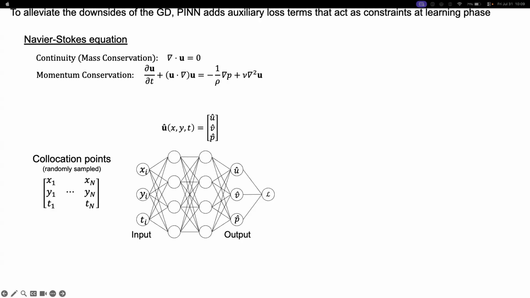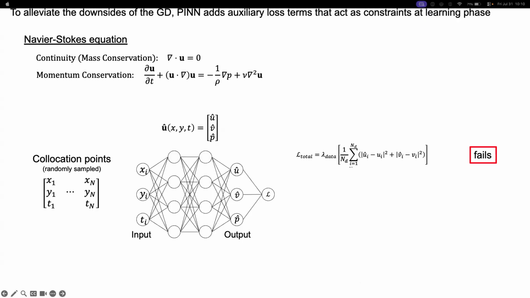Using the output, you can also calculate the loss L. If one only uses the data as the input, then the loss function looks like this. And obviously, since the Navier-Stokes equation is very dynamic and very chaotic, it will fail.